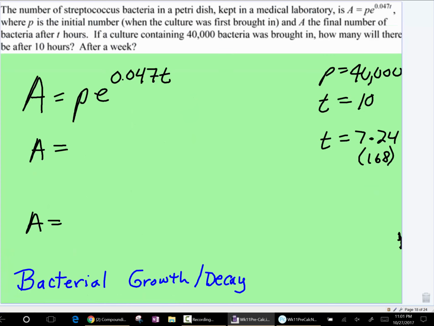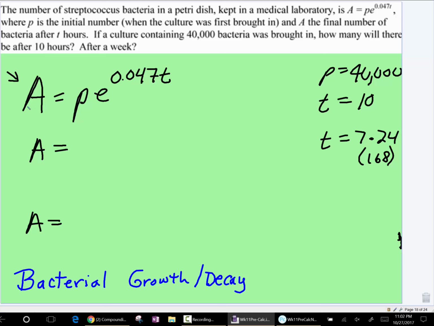All right. Now we have a bacterial growth or decay, and we're dealing with bacteria. The number of Streptococcus bacteria in a petri dish kept in a medical laboratory, and they give you this formula, which I've rewritten right here, where P is the initial number of bacteria and A is the final number.